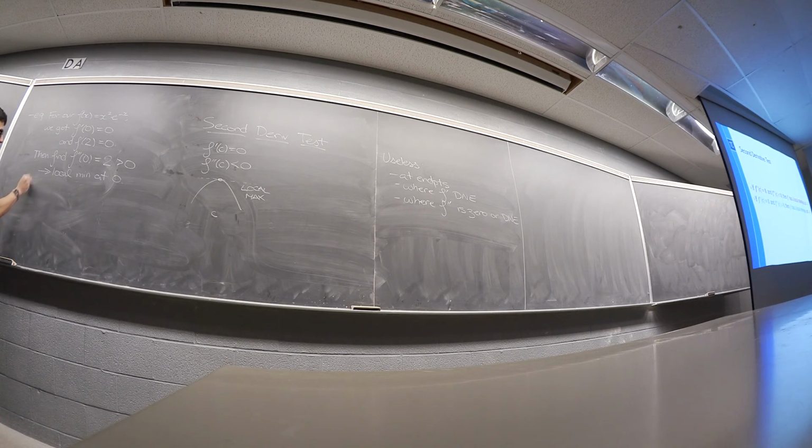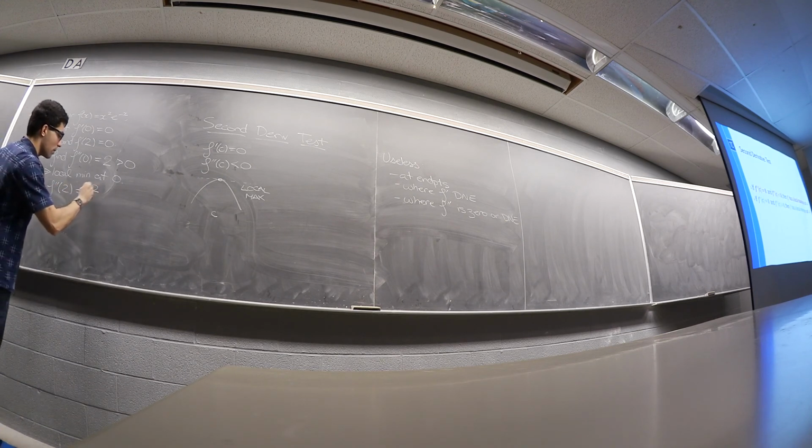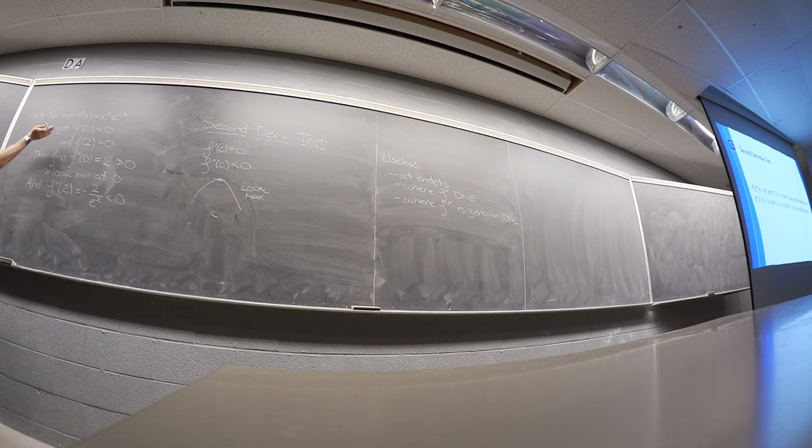And we can find that the second derivative at 2 is minus 2 over e squared, which is negative. First derivative 0, second derivative negative, tells you you've got a local max.